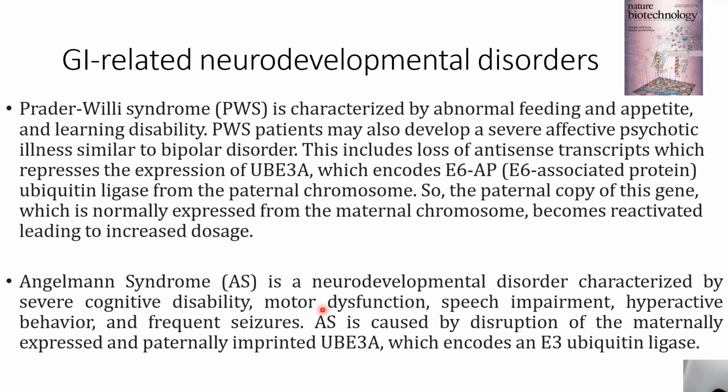What do we know about Angelman syndrome? It is a neurodevelopmental disorder characterized by severe cognitive disability, motor dysfunction, speech impairment, hyperactive behavior, and frequent seizures. It is caused by disruption of the maternally expressed and paternally imprinted UBE3A, which encodes an E3 ubiquitin ligase.